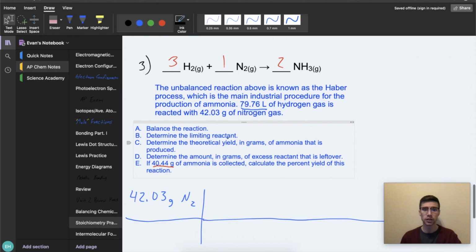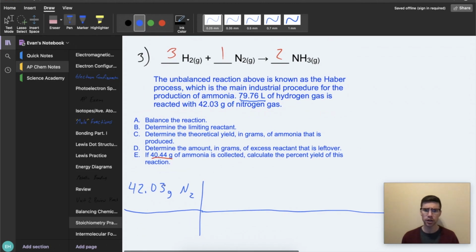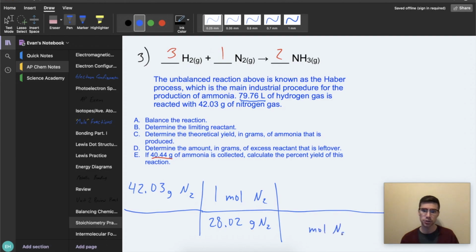We've done this before. So again, we're going to convert from grams to moles because we can't compare grams of one substance to another. So 1 mole of N2 has a molar mass of 28.02 grams. All right. Now, we're converting from moles of nitrogen, which is our reactant here, and we want to figure out the theoretical yield. So in this problem, we're actually going to solve for part B and part C at the same time.